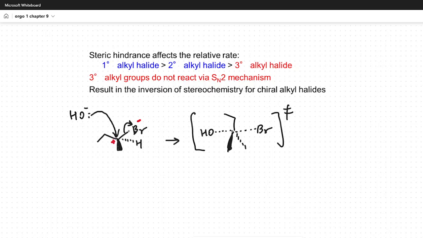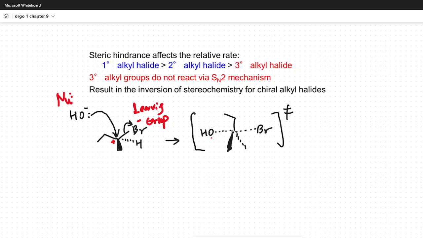Now, the bromide is the leaving group, and the hydroxide is the nucleophile. I emphasize, this is a nucleophile, this is the leaving group. Leaving group is the bromide.